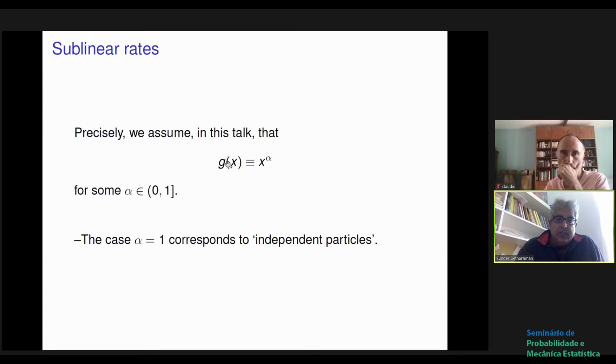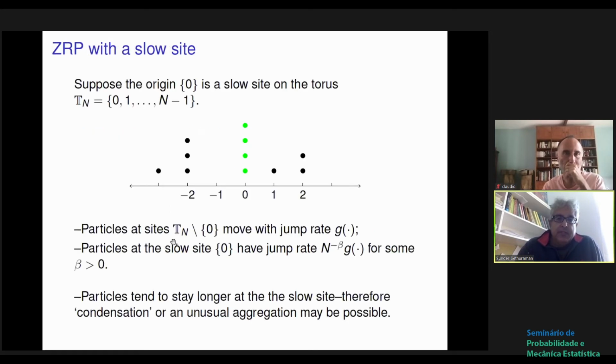We should say what the g is, this function. In the previous slide it was sort of arbitrary, but let's now take g to be a function of the particle number x, the particle number to another power alpha. Okay, and we'll take alpha to be between 0 and 1. Just for those who haven't seen the system before, when alpha is equal to 1, this system can be thought of as actually independent particles, so there would be no interaction effect.